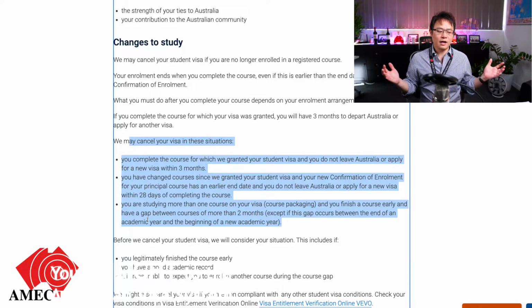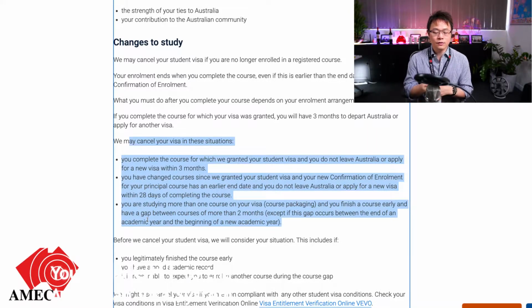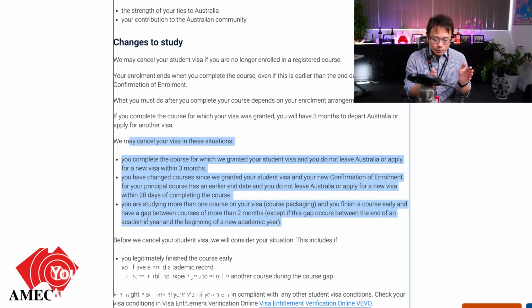People ask why. I have a student visa. I'm here to study. I'm still studying. Why are they cancelling? Now, you have to understand a visa acts like a contract. So the contract was based on you agreeing to study a certain course with a certain university or education institution.